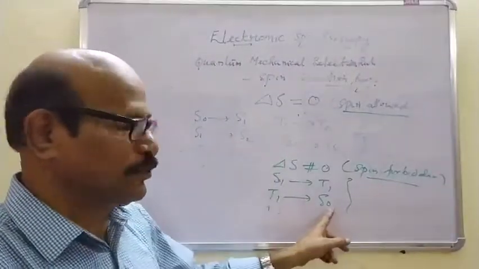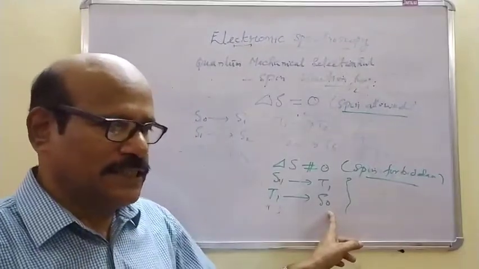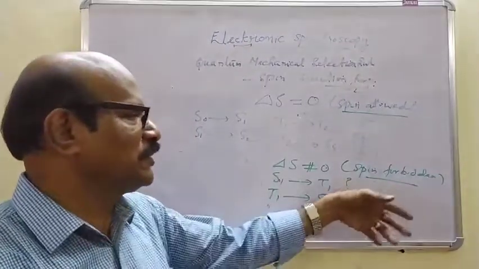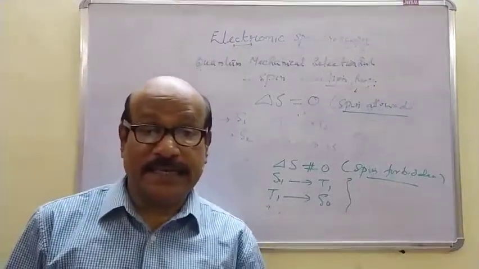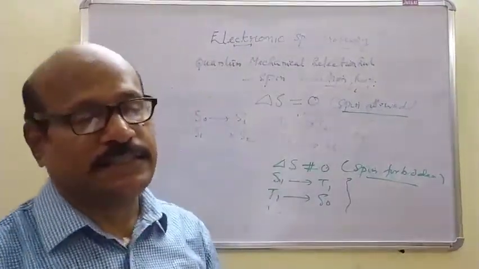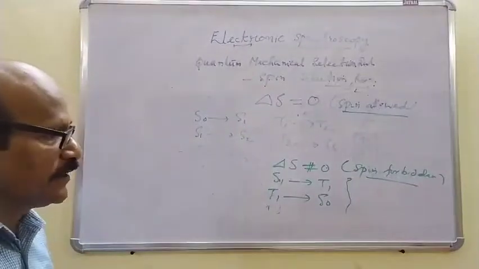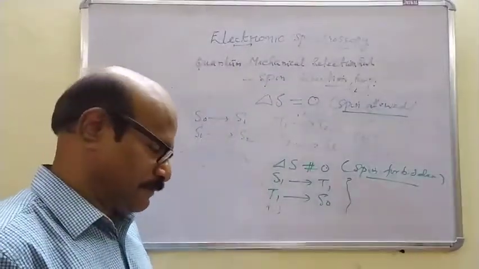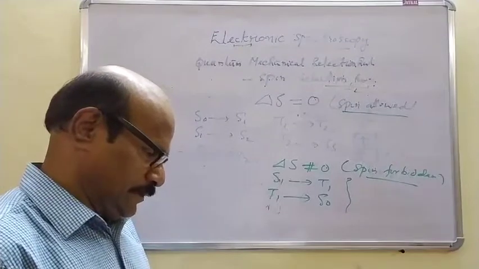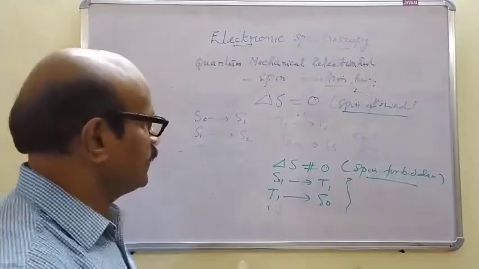Phosphorescence, the T1 to S0 radiative transition, is a process which takes place even though it is spin forbidden. Similarly, S1 to T1 intersystem crossing also takes place. That is also spin forbidden, but it takes place with a small speed.